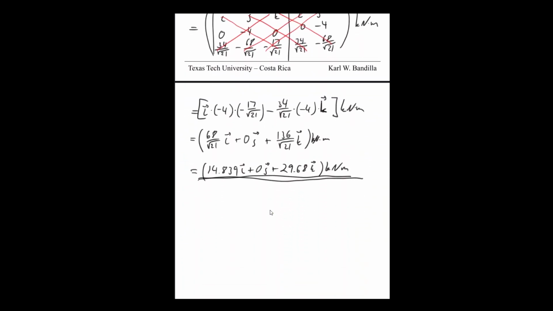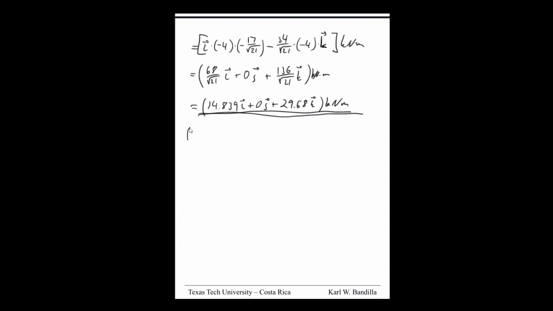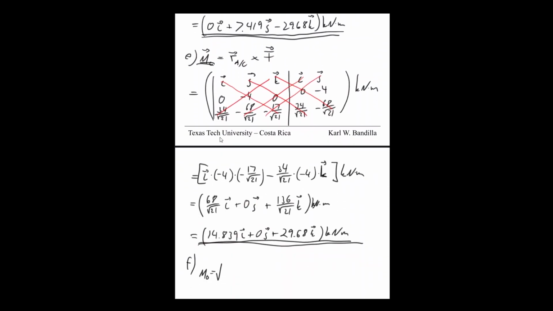All right. So that'd be E, F. Now, if we want the shortest distance from the line of action to the origin, then we first have to find the magnitude of the moment. So MO is equal to wherever we had that. Does it fit? Does it fit just about? So this time I'll write this out, so it'll be 0 kilonewton meter squared.